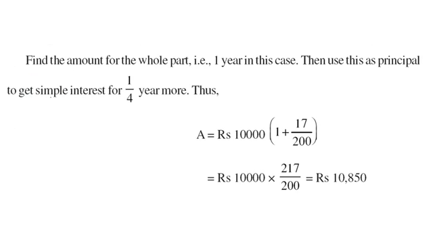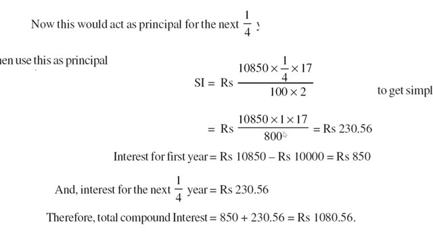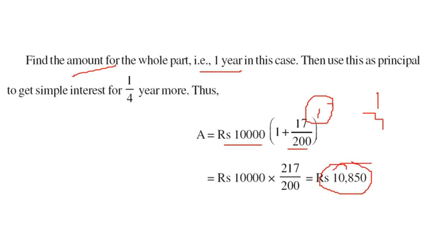So teacher told her that okay, you do it for 1 year, then do it for 1/4. So the whole part means you can just make it as a whole part. She took 1 year first, P into 1 plus R by 100, so this is 10,850. Now she said, let us find out the simple interest, because for 1/4 she has to just find out the simple interest, but she has to take this as the principal amount.